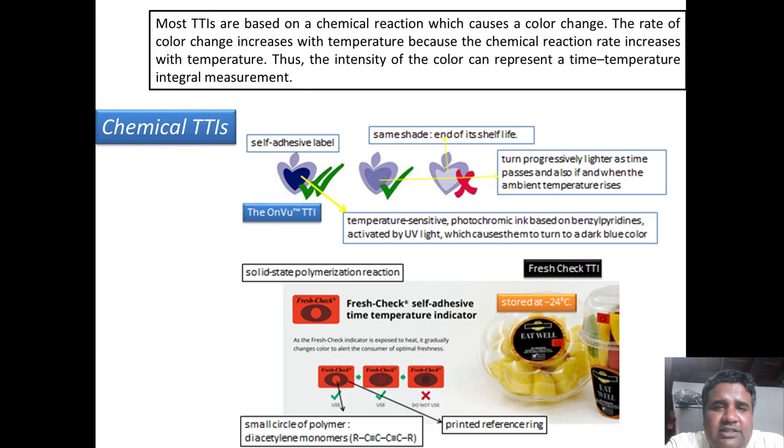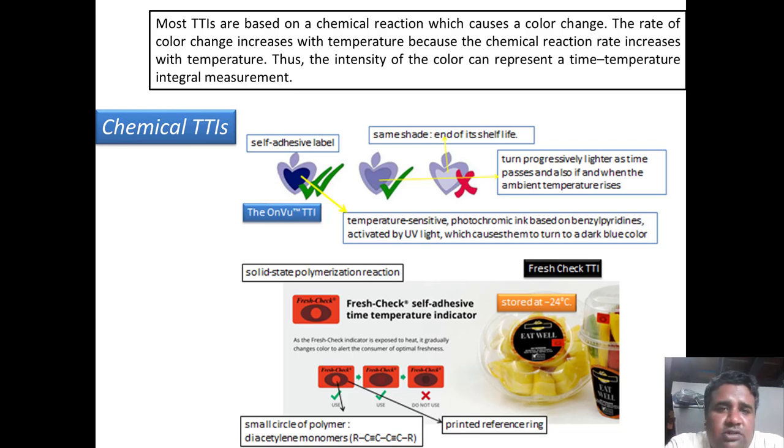On the basis of these mechanisms, there are two commercial time temperature indicators available in the market. One is the ON-VU TTI and the other is the Fresh Check TTI.